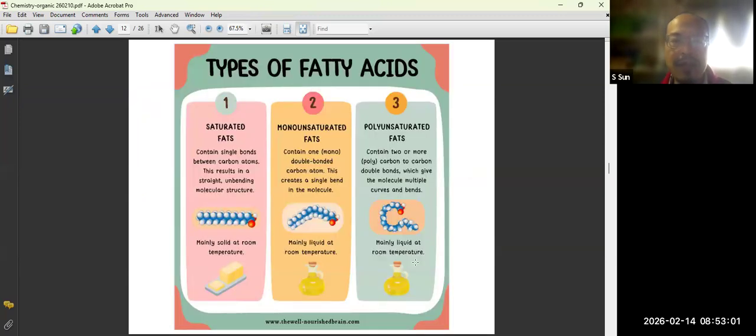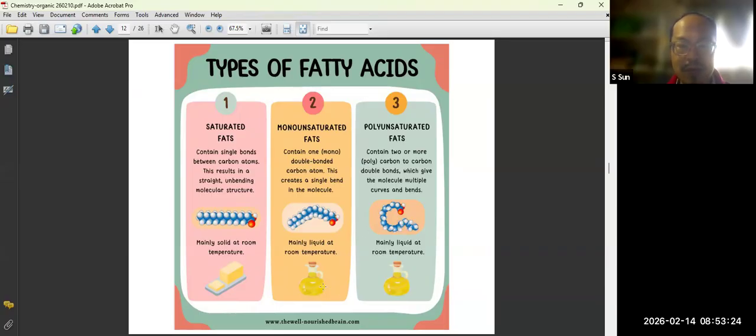All right. So here, types of fatty acids, you can have the saturated, like butter right here, very solid at room temperature, formed by saturated fatty acids. You can have the unsaturated. So you can have one double bond, or you can have many double bonds.